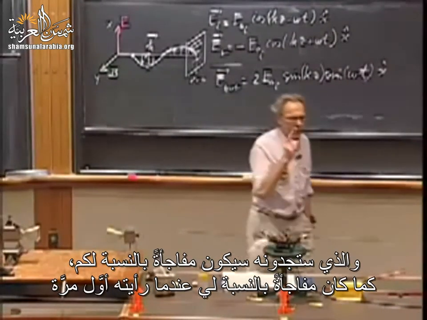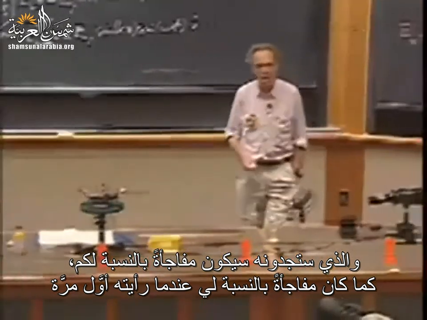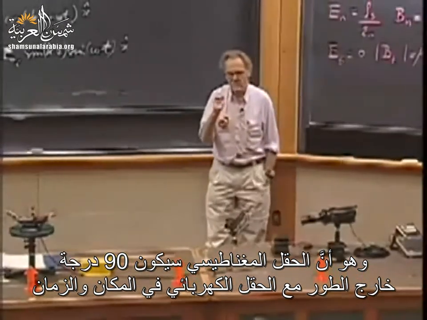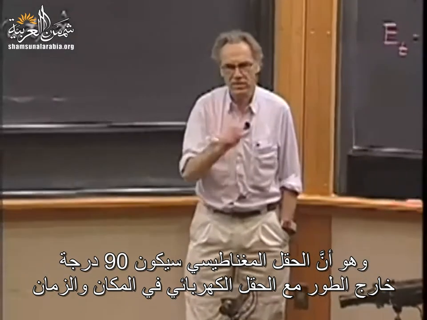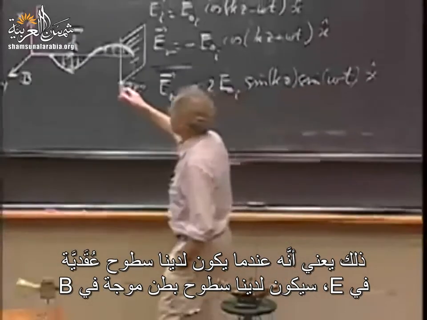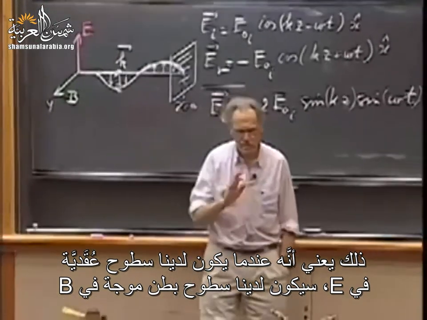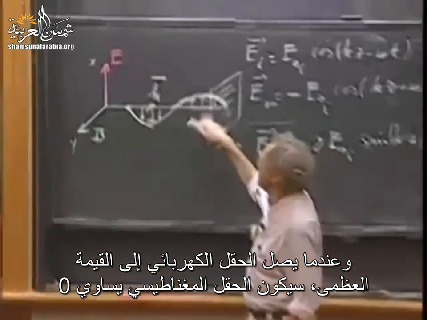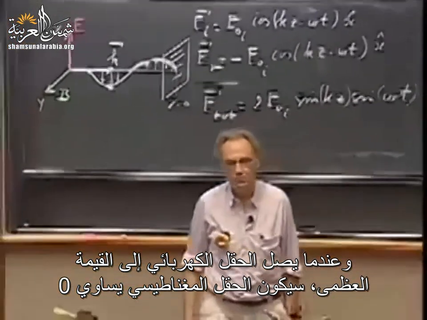And what you find out, much to your surprise, certainly much to my surprise when I saw this first, is that the magnetic field is now 90 degrees out of phase with the electric field, both in space and in time. So that means where you have the nodal surfaces in E, you have the antinodal surfaces in B, and where the E fields reach the maximum, you will have that the magnetic field is 0.